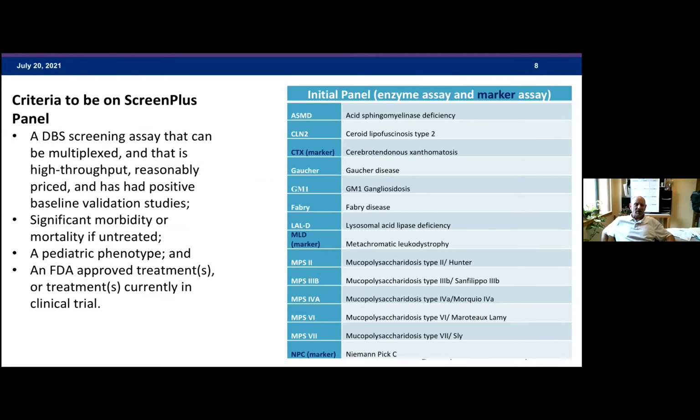To do all 3 of these tests, we actually use 3 punches of blood, so that'll give you some idea of how this is working. If you're interested in the details of these tests, please let me know. So those are all the tests on the panel.